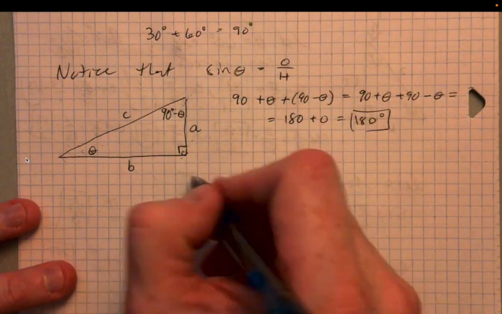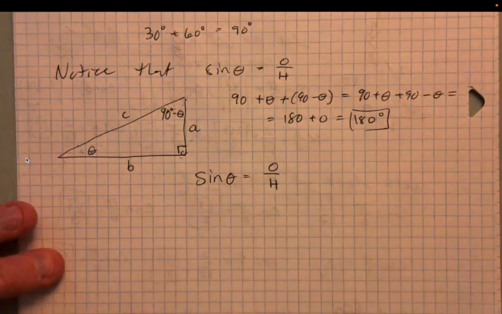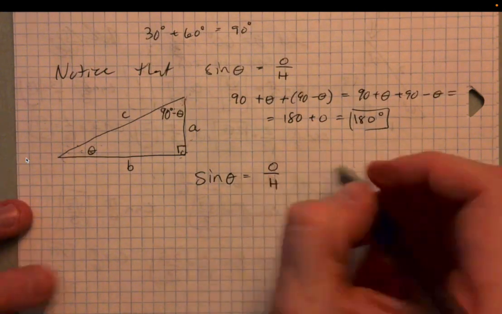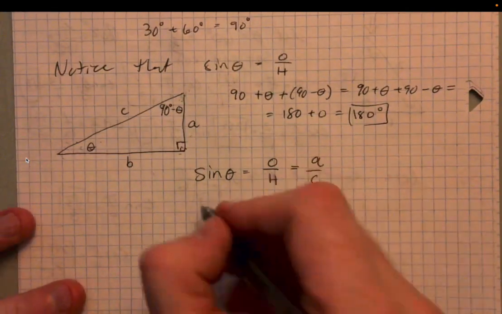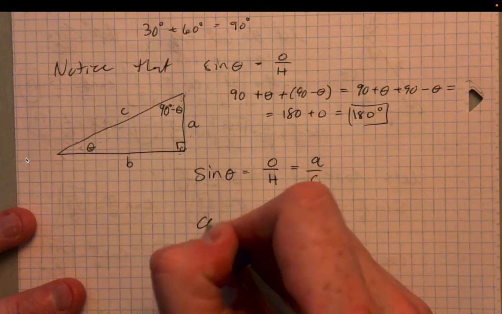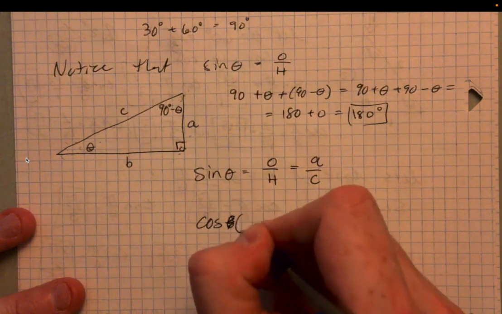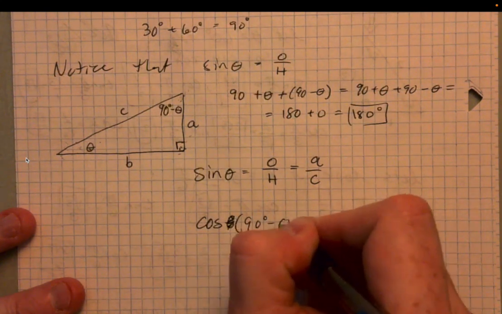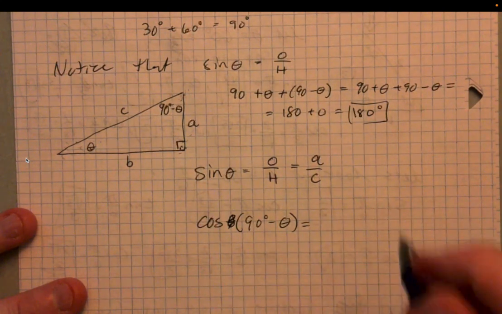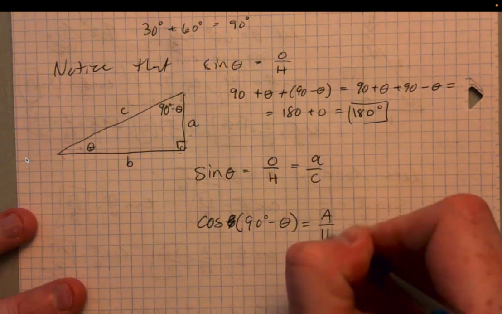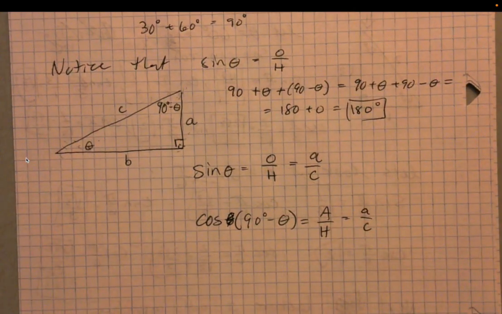Okay? And so if I've got the sine of theta equal to opposite over hypotenuse, which in this case is A over C, then cosine of 90 minus theta is equal to adjacent over hypotenuse, which is A over C as well.